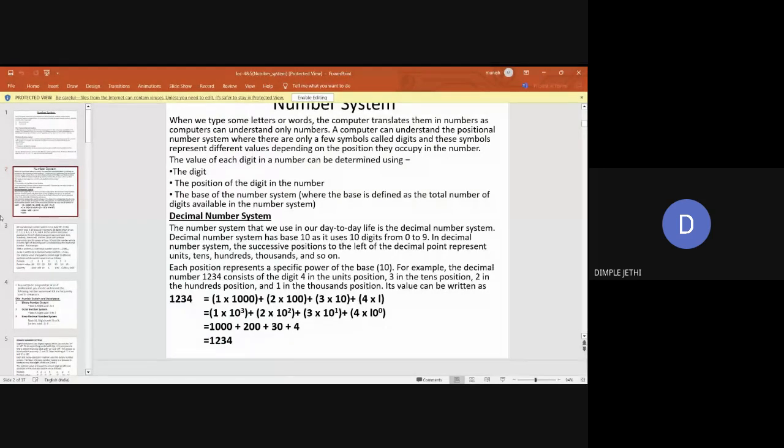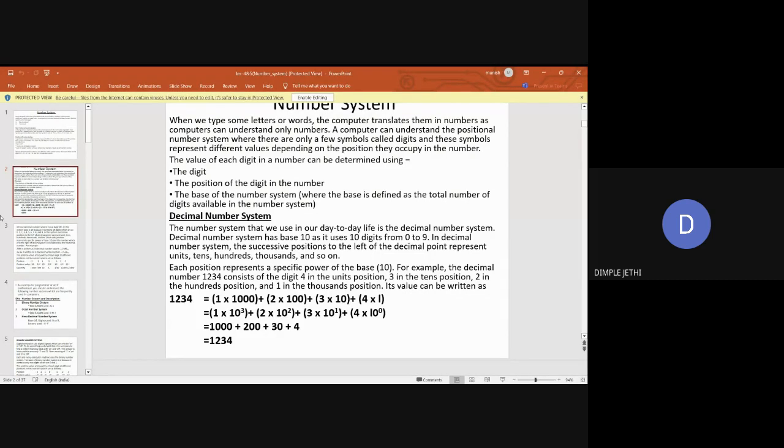But their position gives value to those digits. So here, because 1 is at the 100's position, 1 will be multiplied by 100. So what is the value of 1 here? 100. 123, because now 3 is at the 1's position, so 3 will be multiplied by 1.